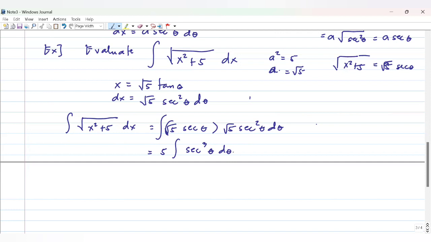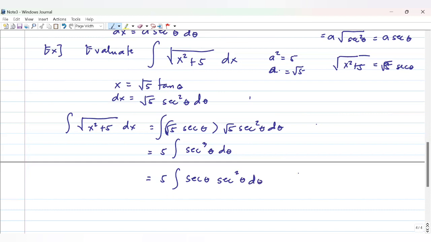So going back to our lesson on trigonometric integrals with odd powers of secant to the n theta d theta, we use integration by parts if the n, or the power, actually is an odd integer. So we apply integration by parts. We have secant theta, and then secant squared theta d theta.